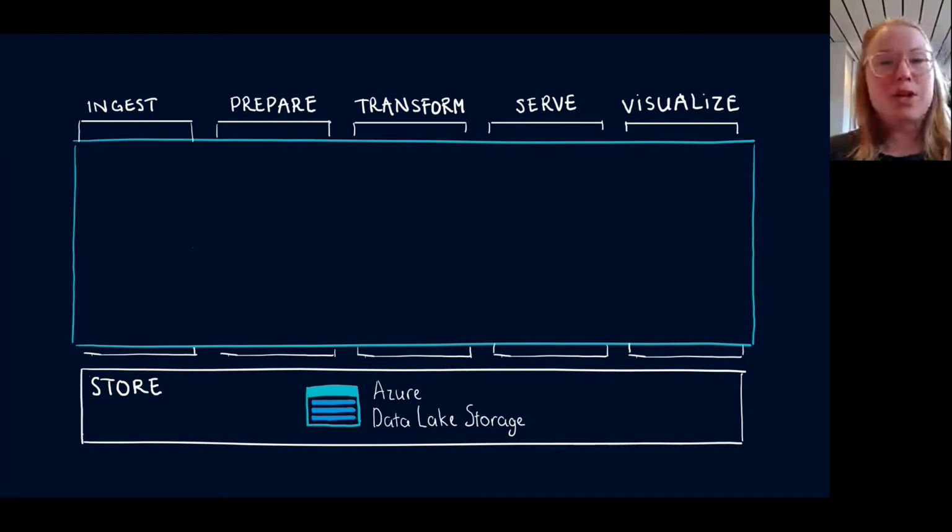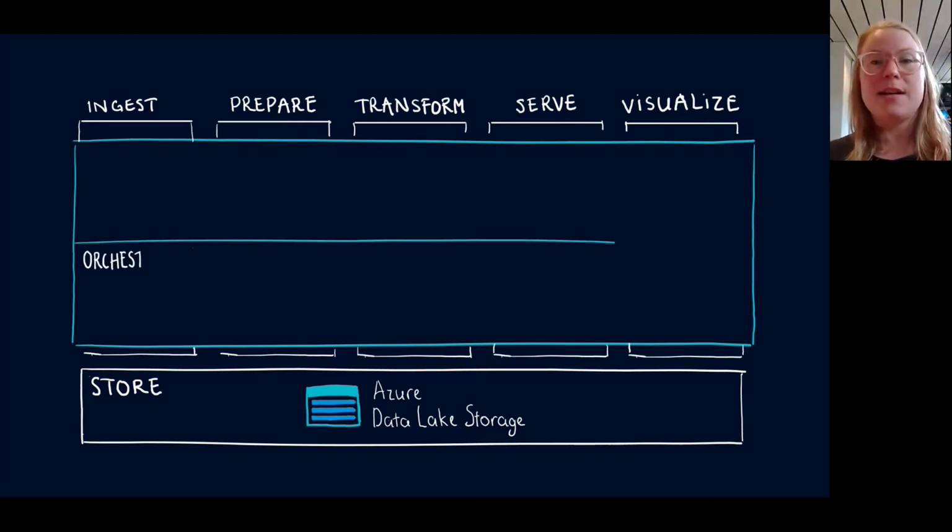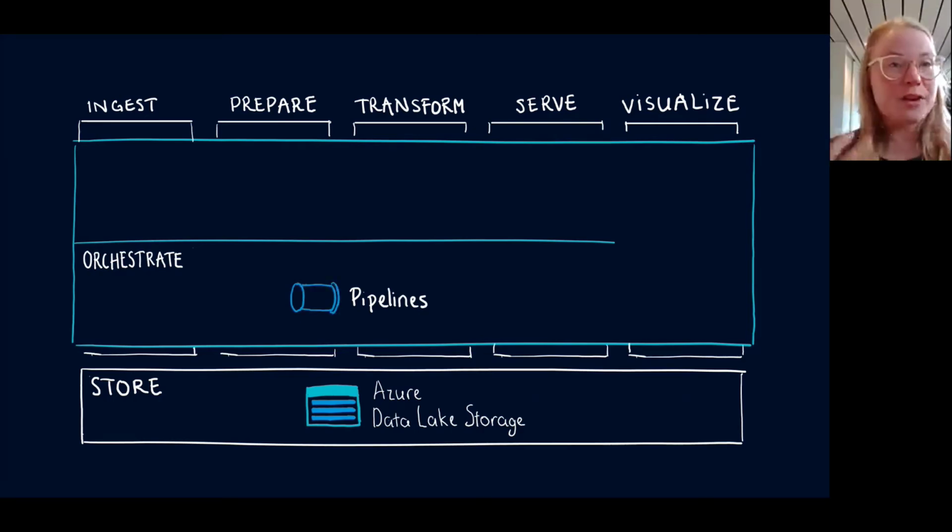Then we have orchestration capabilities in Azure Synapse Analytics. And this is something you would use across those different phases to, for example, schedule the different processes that you create for the preparation and transformation and so on. And this is where the pipelines of Synapse Analytics come in. And these are very much like Azure Data Factory.